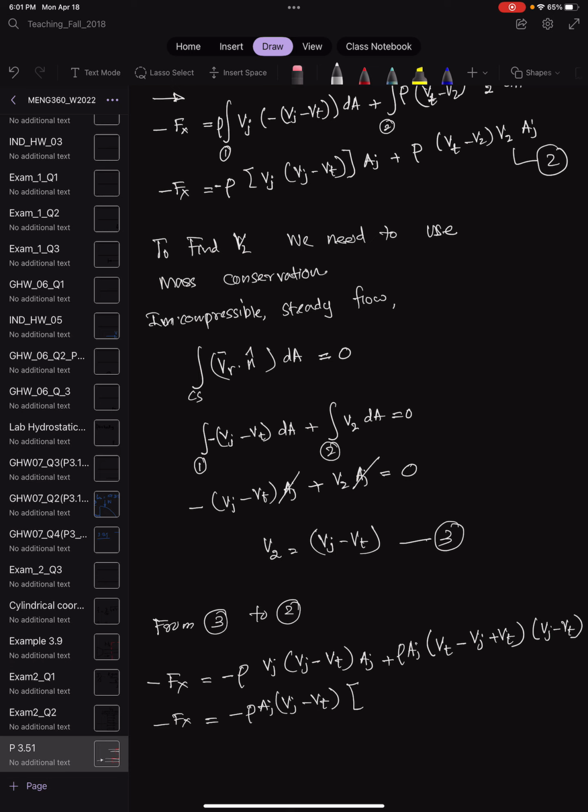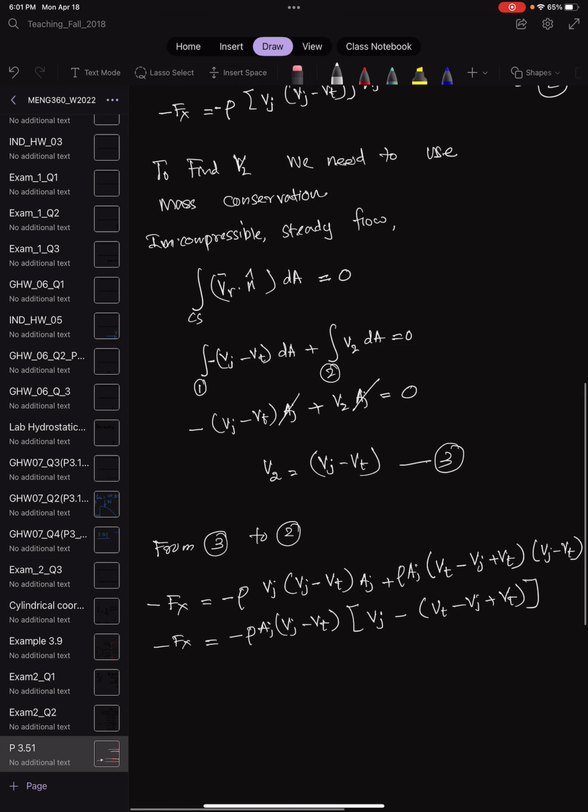From the first term we have Vj here, and the second term negative, because I put the negative sign up here. I should have negative Vt minus Vj plus Vt, and then you get negative fx.